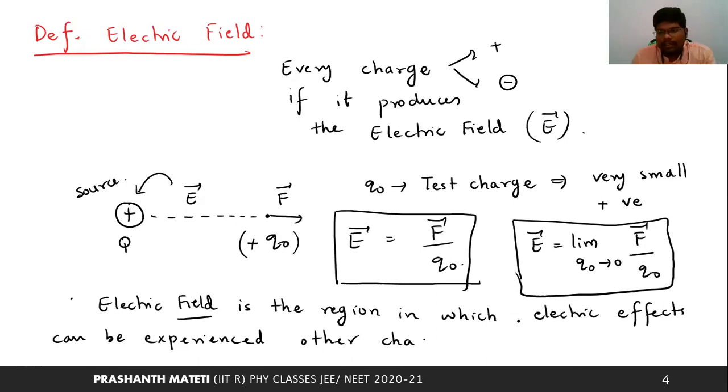So the electric field generally refers to the region in which we experience electric forces, or electric effects. The region in which electric effects are experienced by the charges is said to have an electric field.